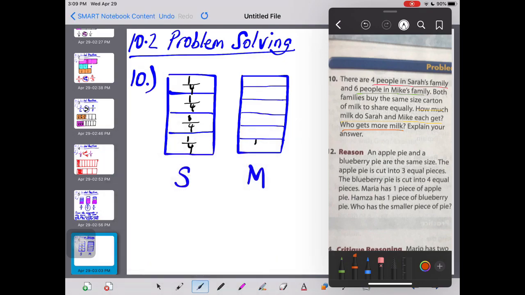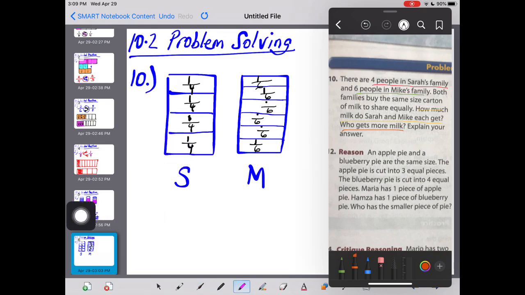And I don't think I can draw that small. Oh, look at that. 1/6. 1/6. I should have made this bigger, huh? 1/6. All right. So, how much milk do Sarah and Mike each get? Well, Sarah is just one member of the family, right?